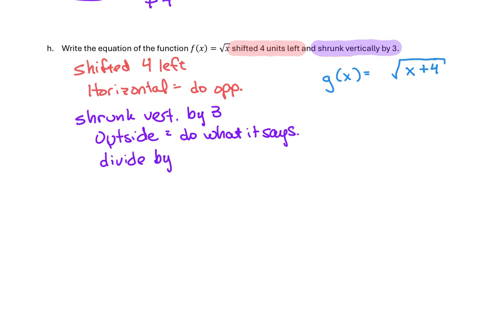But remember that when we talk about these functions, we want to think of it in terms of a fraction. So divide by 3 is the same thing as multiplying by 1/3. And so that's what we are going to put on the outside. It is going to be a multiplication. And so we get g of x equals 1/3 the square root of x plus 4.